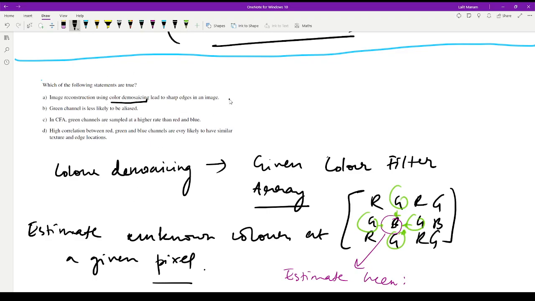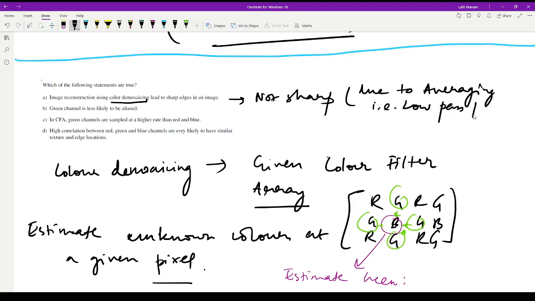No, not sharp. What kind of filter is averaging? A blur filter, a low pass filter. When we have low pass filters, we always blur the image, so we cannot expect it to sharpen the edges of an image. So this part is wrong.